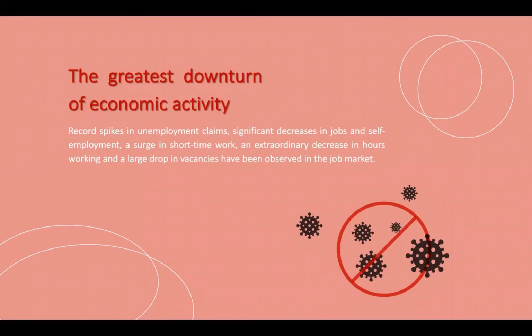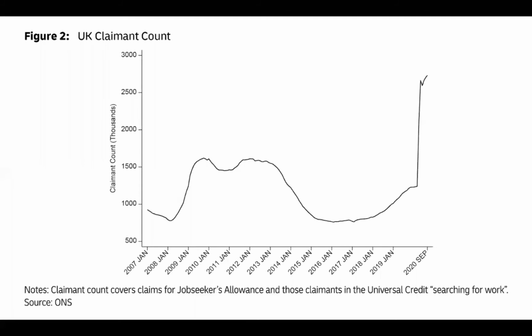And the critical downturn of economic activity is the result of the outbreak of COVID-19 in the UK, caused by unemployment claims, a significant decrease in jobs and self-employment, a surge in short-time work, an extraordinary decrease in hours worked, and a large drop in vacancies has been observed in this job market. And we have figure two, which illustrates the UK claimant count.